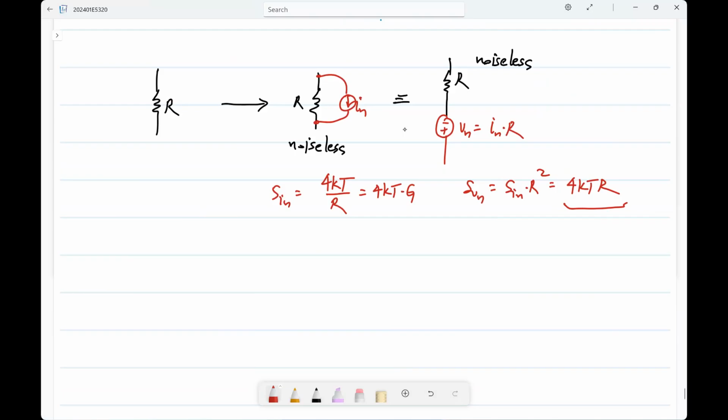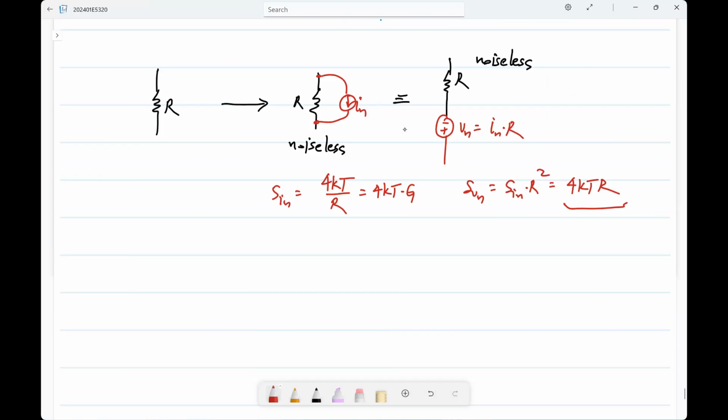What are the units you think of 4kTR or 4kT by R? What will be the units? Ampere. Yeah. So basically, what is the unit of the variance of Vn? What's the unit of Vn?